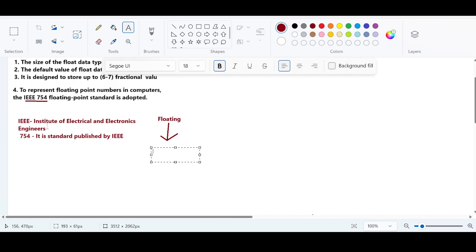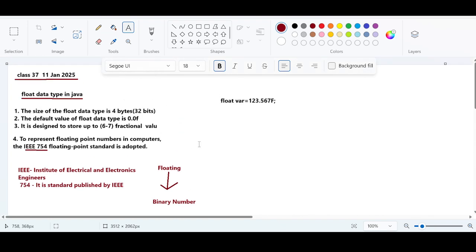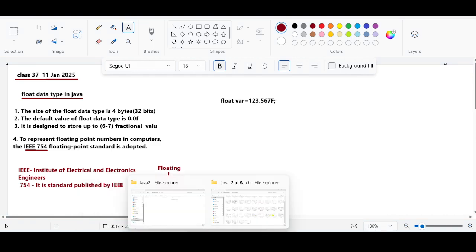Now we should understand what the IEEE standard actually means. To understand this, let me give you a small example. Now focus here. Before understanding this, let me write a small piece of code.